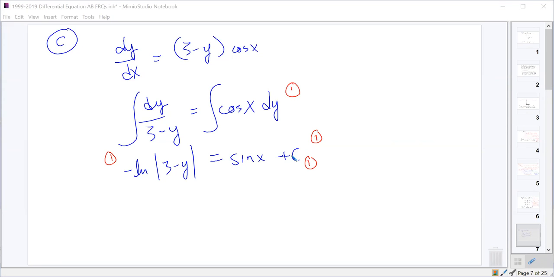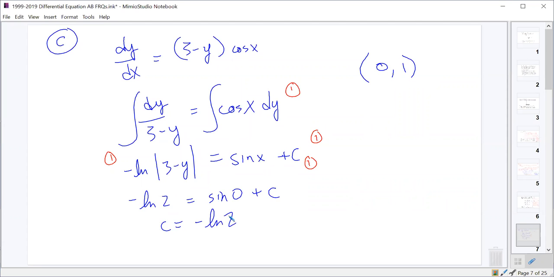And then you needed to plug in your initial condition, which was 0, 1. So x is 0, y is 1, gives you negative natural log of 2 equals sine 0 plus your constant. So your constant is negative ln 2. You got 1 point for properly using your initial condition to get your constant.